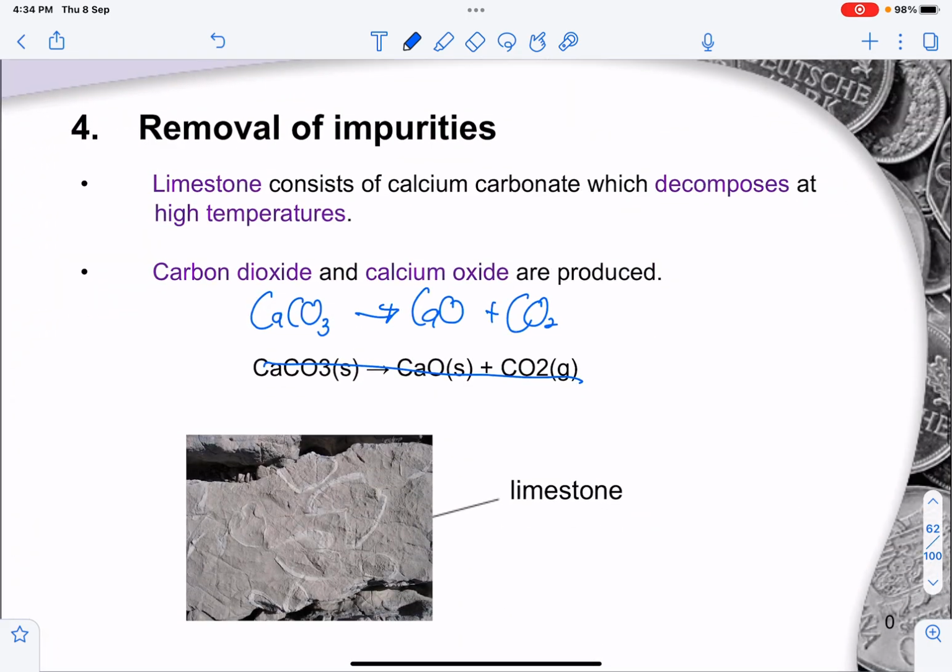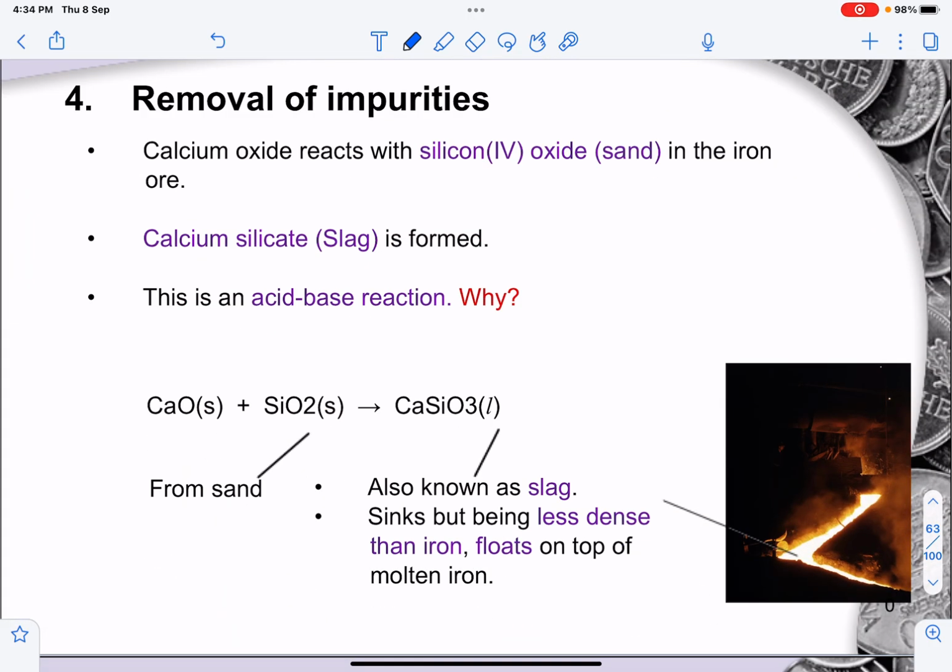So what will happen to this calcium oxide? This calcium oxide will then be used to extract silicon dioxide to form calcium silicate, which is slag. So it's CaO reacting with your silicon dioxide, which is sand in a way, to form CaSiO3, which is slag. Now, what is the purpose of this?